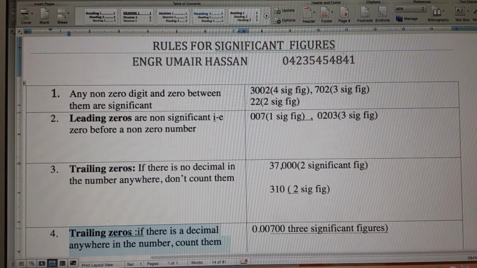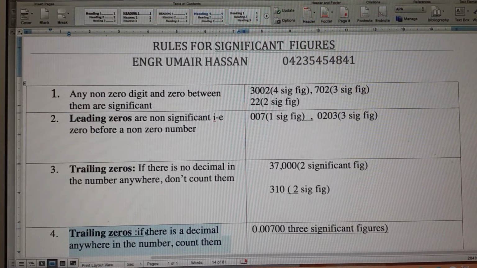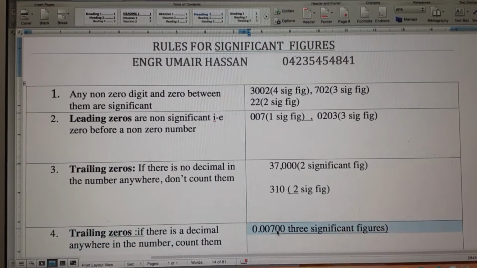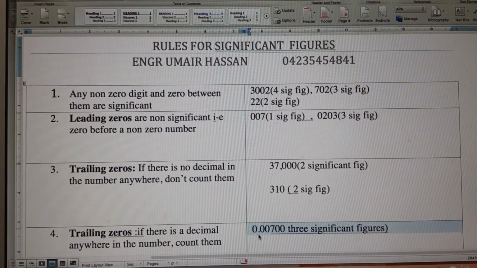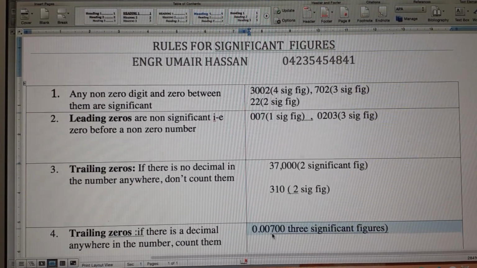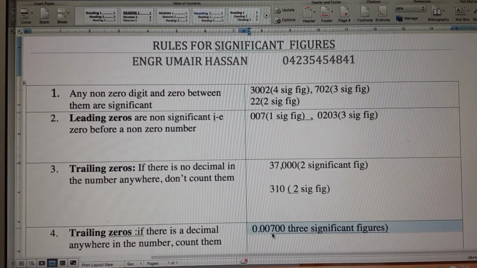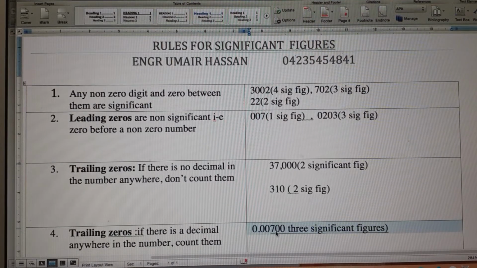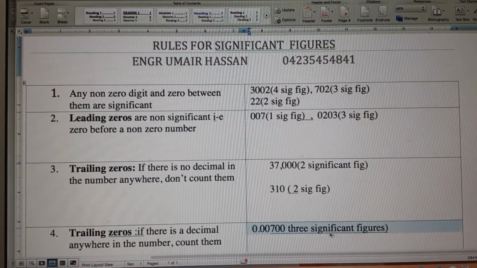What will be the case with trailing zeros? If you have a decimal in a number, then zeros coming after a non-zero number will be considered significant. So these two zeros will be significant, including 7. So we have three significant figures in this case.